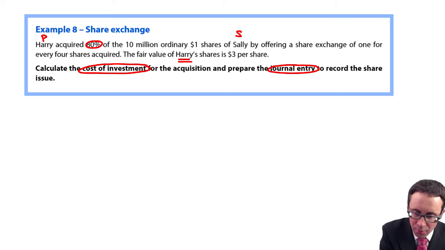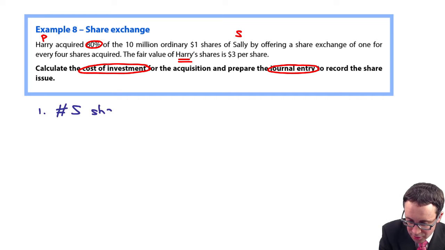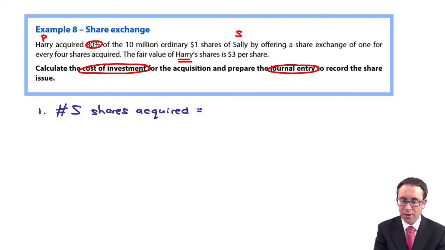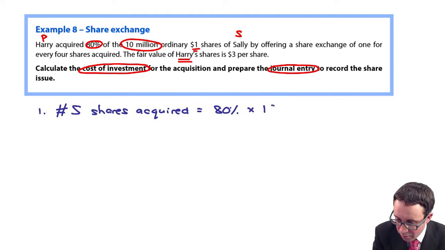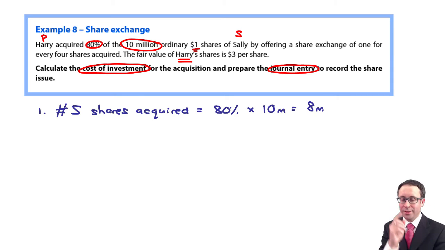Well, remember, step 1 is to go through there and look at the number of S shares acquired, isn't it? So here we've bought 80% of the shares that are in issue, and they are 10 million $1 shares. So 80% of 10 million is 8 million, isn't it?